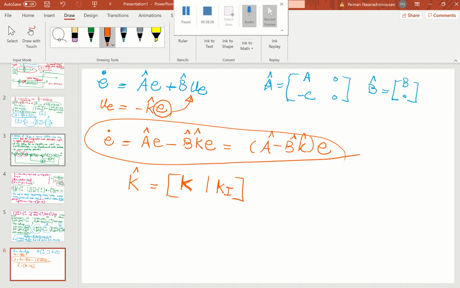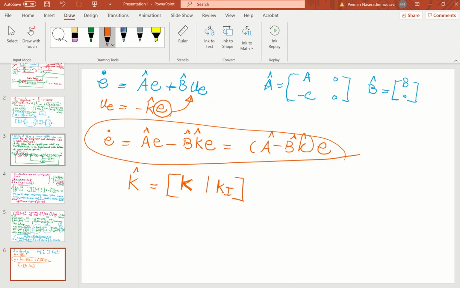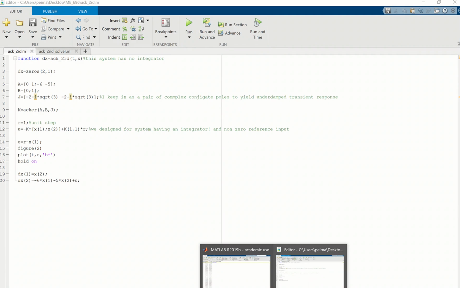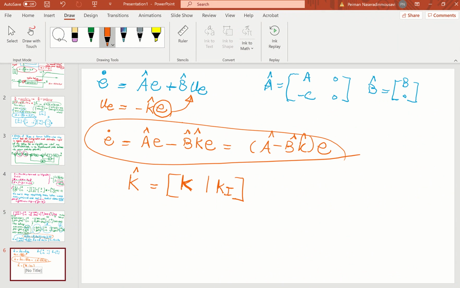In the next class, because I have to do too many things, I'm going to redesign this problem with this control signal. Another problem I'll do next class: suppose you have an inverted pendulum, and I'm going to make it upward.